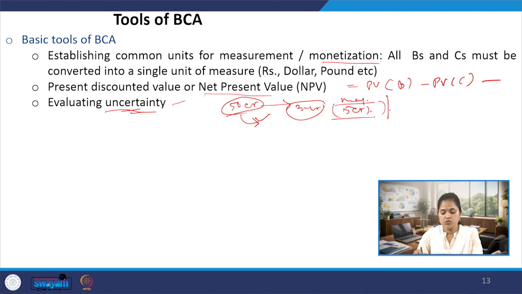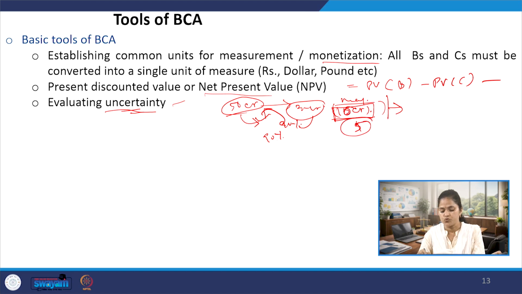For that reason, we are taking into account probabilistic estimates: there is a 90% probability that the cost would be 50 crores, and a 10% probability that there is an uncertainty of another 5 crores. Okay, so 90%, and this is 10%, let's say, right?